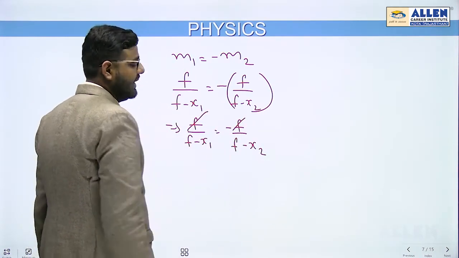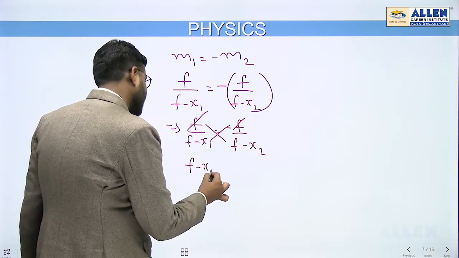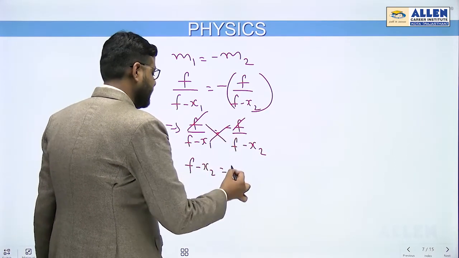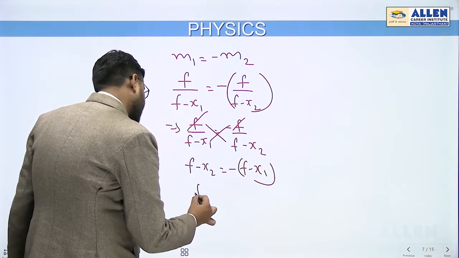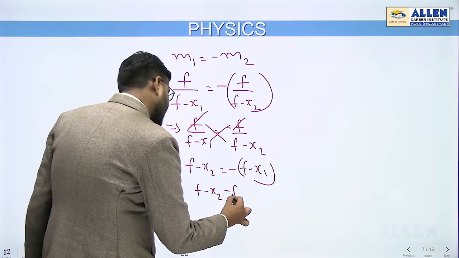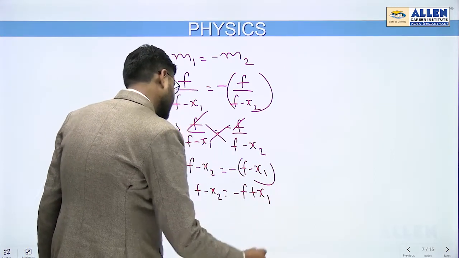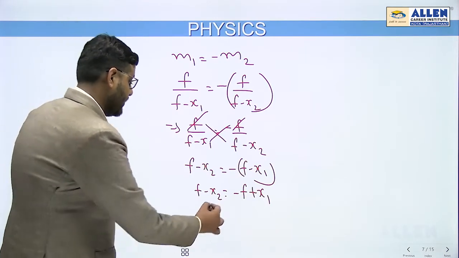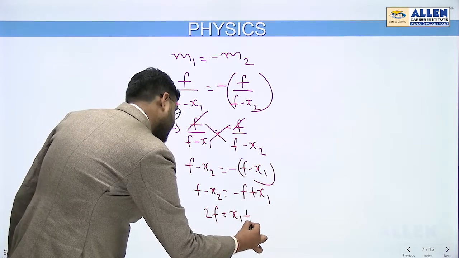So f got cancelled, and by cross multiplying we get f minus x2 is equal to minus f plus x1, or we can write 2f is equal to x1 plus x2.